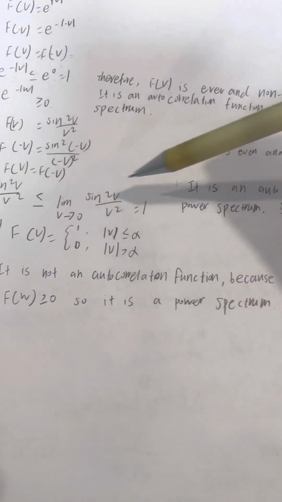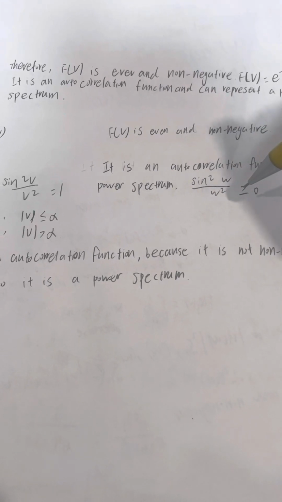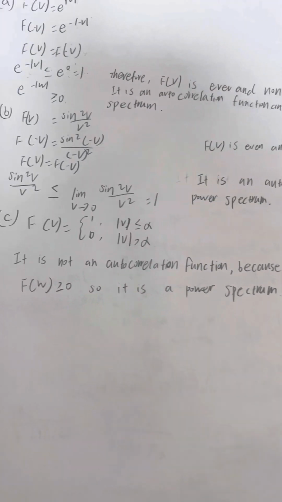Which means that sine squared w over w squared is greater than or equal to 0.